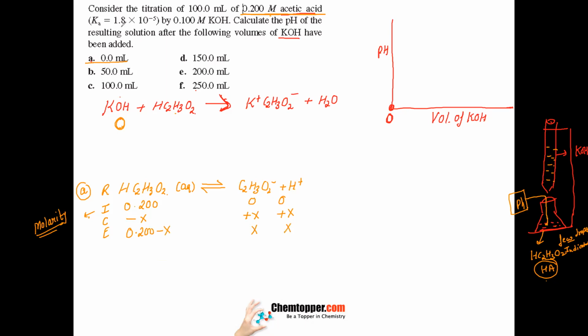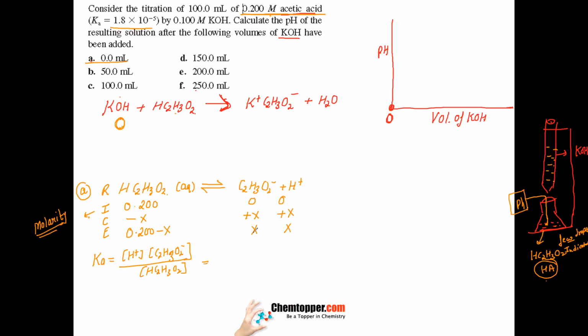Now, look at the Ka value. Ka is the equilibrium constant for the dissociation of this acid, which is the product concentration divided by the reactant concentration, right?